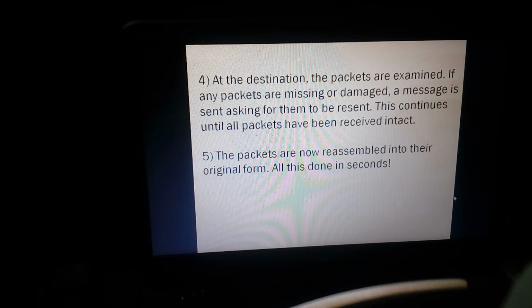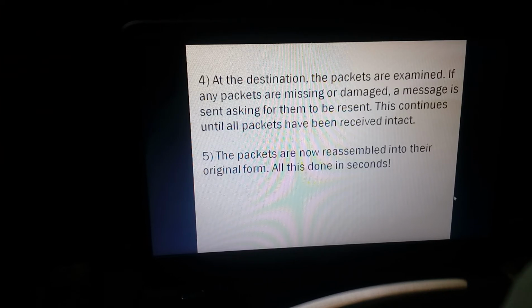The fifth step is the packets are now reassembled into their original form. Means whenever at the destination all packets are received, then all packets are reassembled into their original form. Because of the sequential numbers given in the header, they all get reassembled into their original form and the original message is formed here, and all this is done in 1 second only or within a fraction of a second.